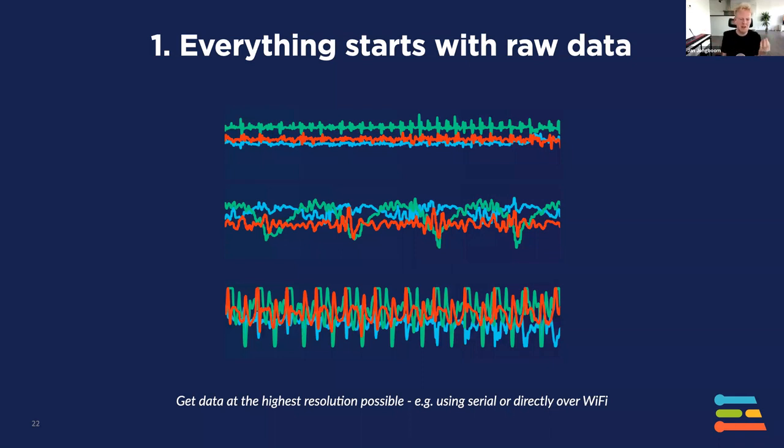It doesn't really matter, but get data at the highest resolution possible. Even if you're looking at something like vibration data, you see that your accelerometer can do maybe 200 hertz or something, get data at that resolution. It's a lot easier to downsample later than to upsample data. There's lots of other interesting things that you're otherwise throwing away. So start with raw data, get data at the highest resolution possible.